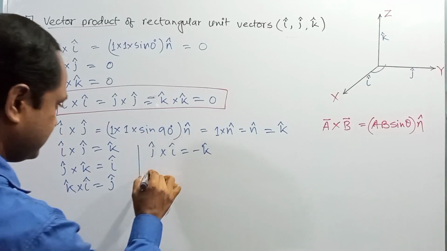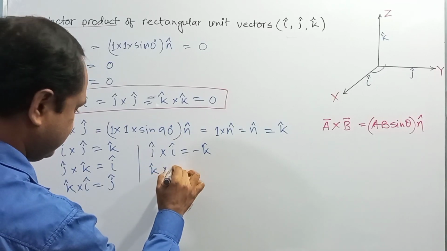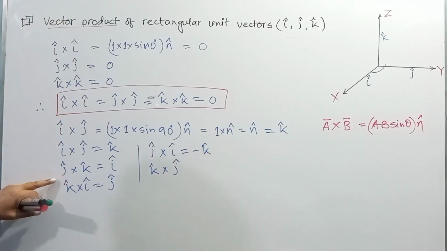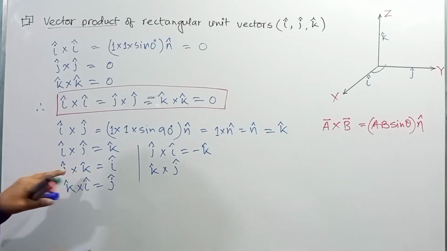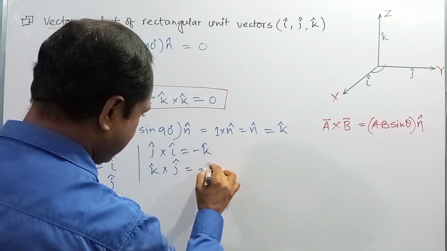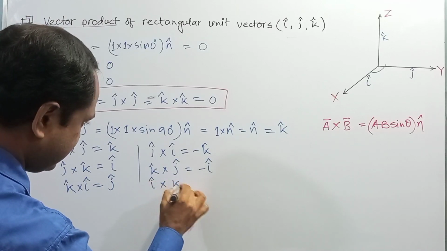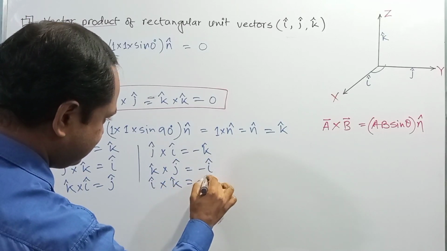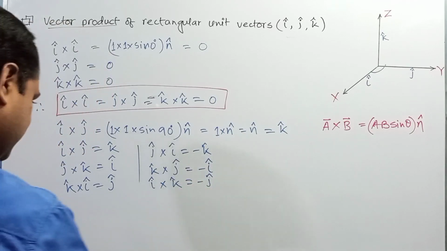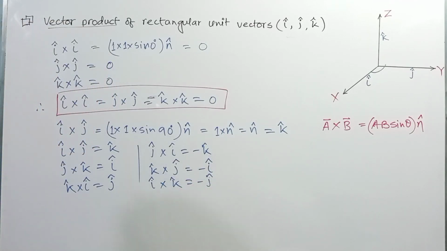Similarly, j cross k is equal to i, so k cross j will be minus i, and i cross k will be minus j. So I think you got it.